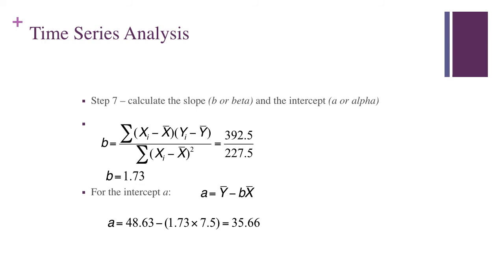So in this situation, when we take 48.63 minus 1.73 times 7.5, that equals 35.66. That means all things being equal, if nothing were to change, my intercept would be 35.66.